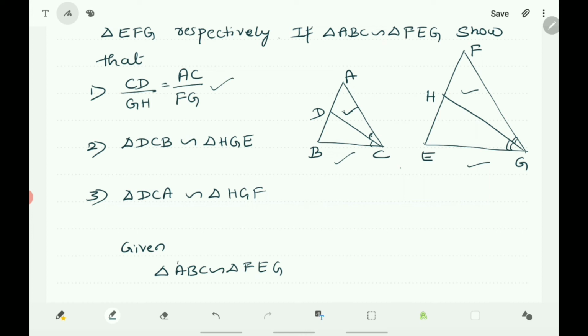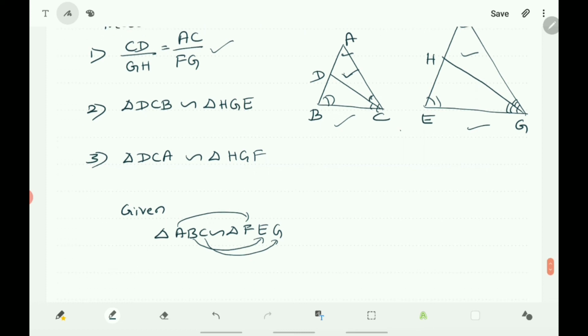That is, angle A must be equals to angle F, angle B must be equals to angle E, and angle C must be equals to angle G. That is, angle ACB must be equals to angle FGE. So you write that first here.